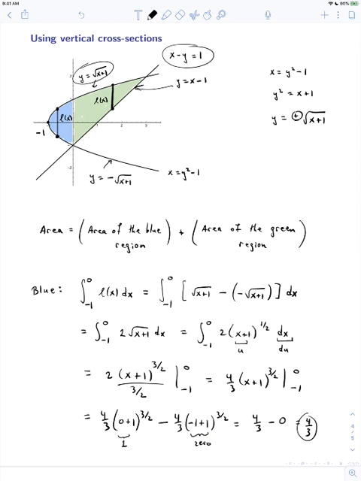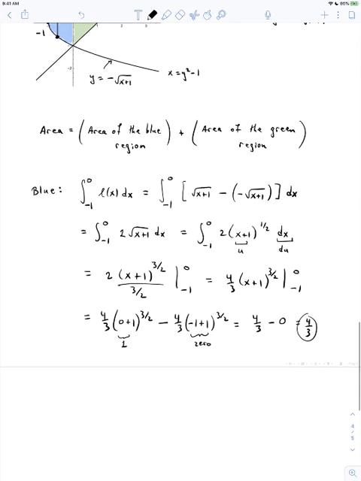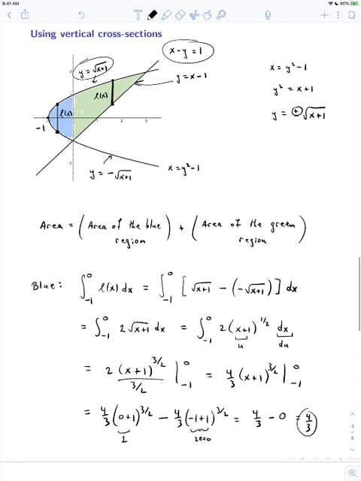Now we also have to find the area of the green region, but we do it basically the same way. We just have a different function now as our lower curve. So it's the integral, well, let's see. What is the smallest value here? Well, the smallest x value, again, is x equals 0.